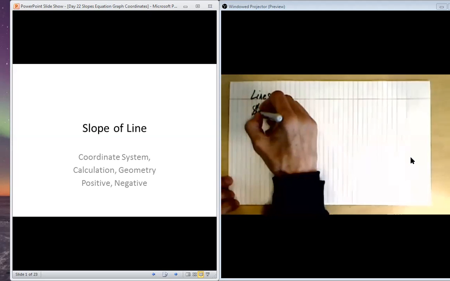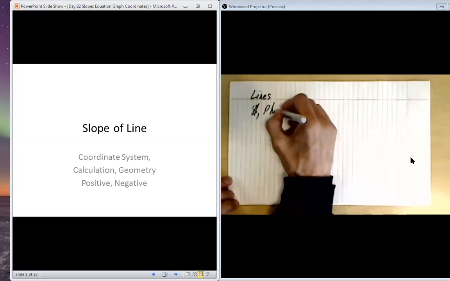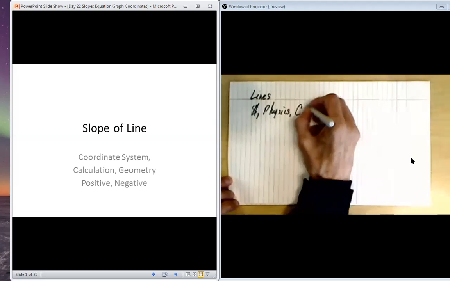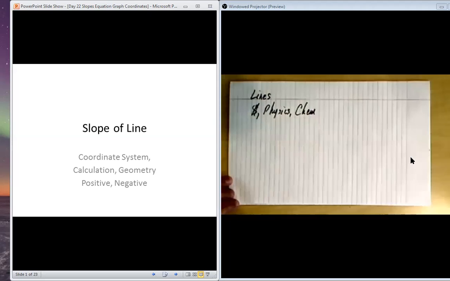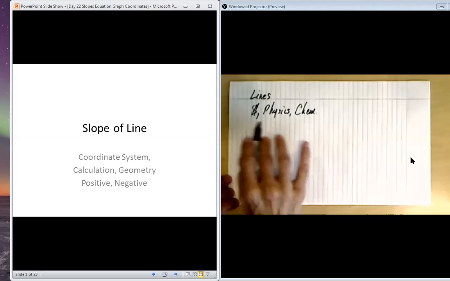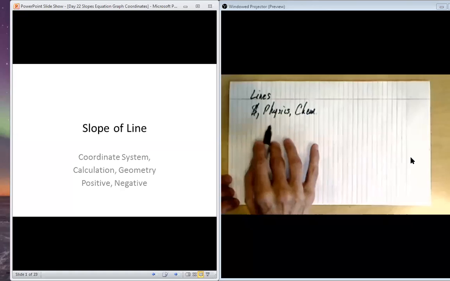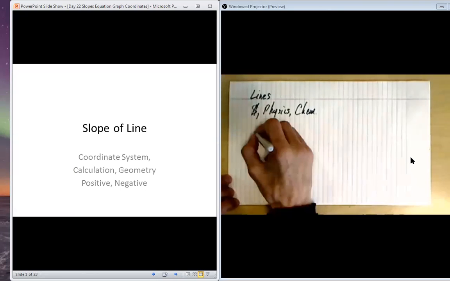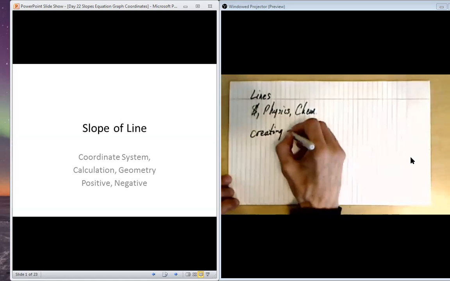Finance, physics, even chemistry. You saw the chemistry in math, right? With enthusiasm. Yeah, exactly. So lines are very useful for helping out with different types of calculations, creating different types of equations.